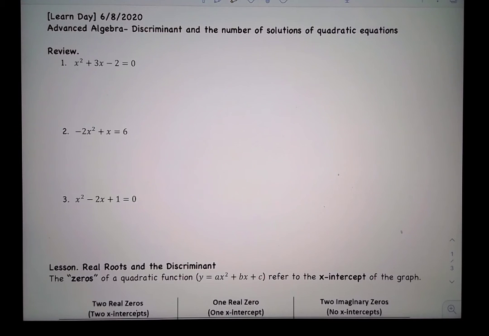Okay, let's start. Guys, this is actually the last thing we're learning this year. At the end of this marking period and the end of this year, I'm going to go over equations and functions again. But the discriminant, today's lesson, is something new.